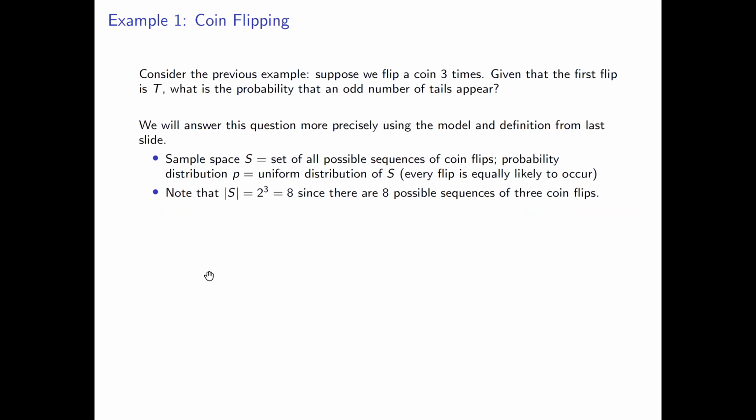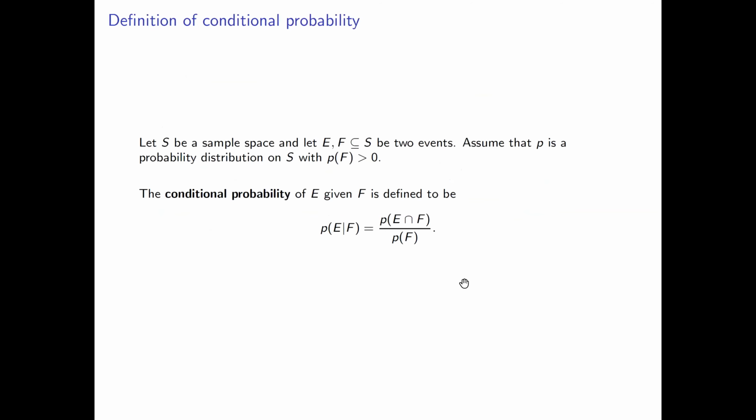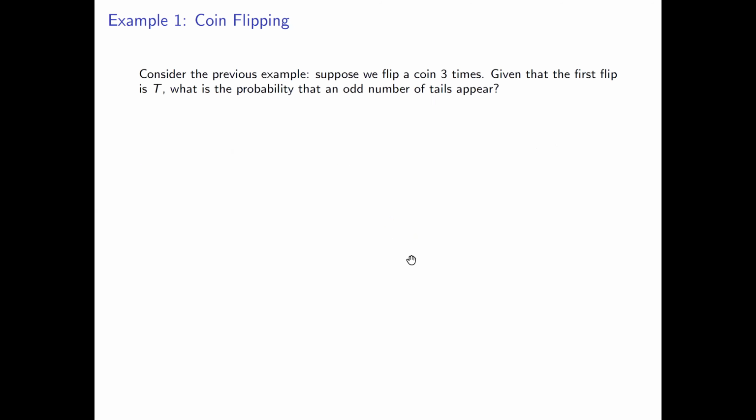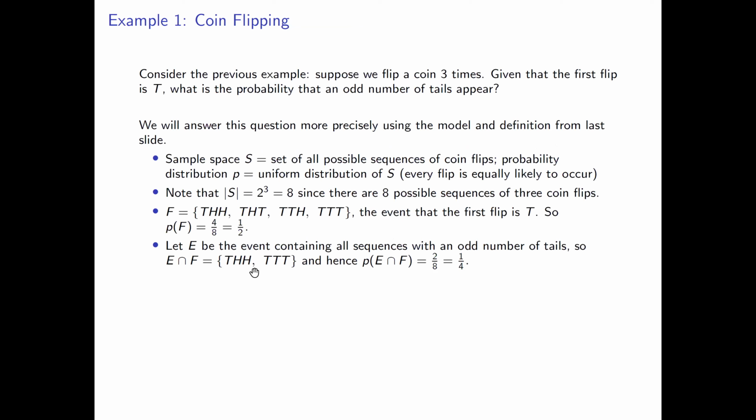And so notice if we go back to the previous slide, if you're calculating the conditional probability, you don't need to calculate the probability of E. You only need to calculate the probability of the intersection of E with F. And so we don't really have to, although we could, list out all the elements of E, because we just have to look at the intersection with F, right?